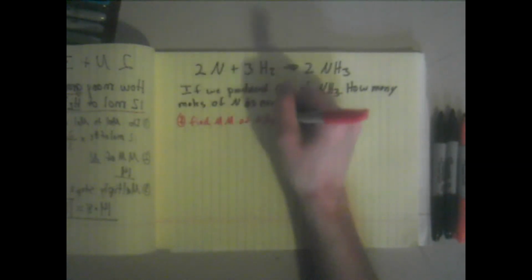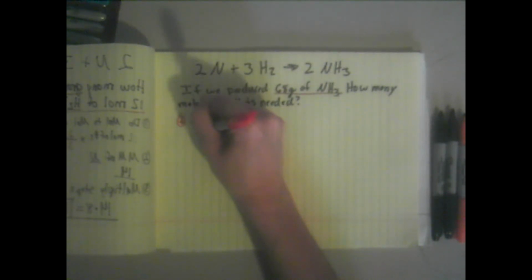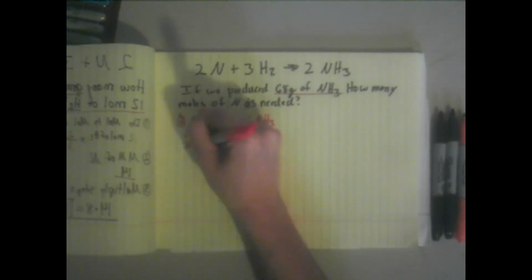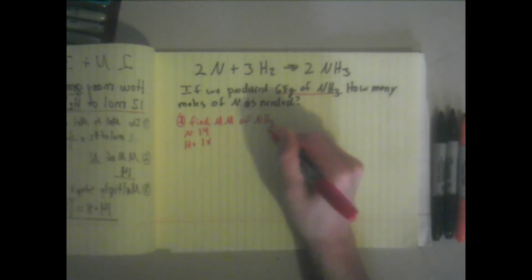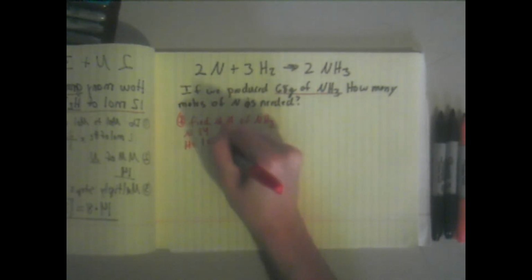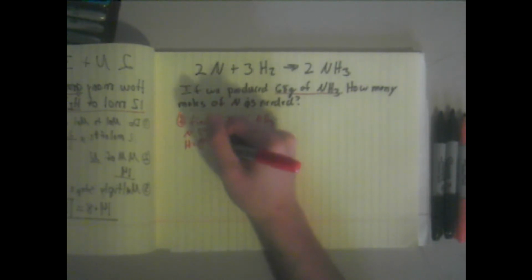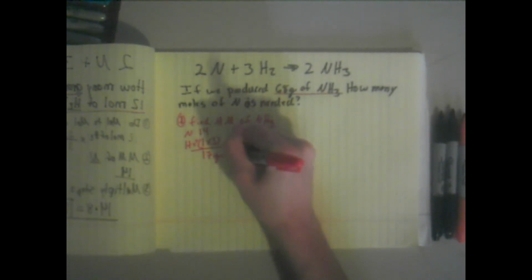So we know that nitrogen is 14. And we know that hydrogen is equal to 1. Make sure you're keeping track that there's 3 of them. So it's 14 plus 3, because 1 times 3 is still 3, plus 14 should give you 17 grams as your total.